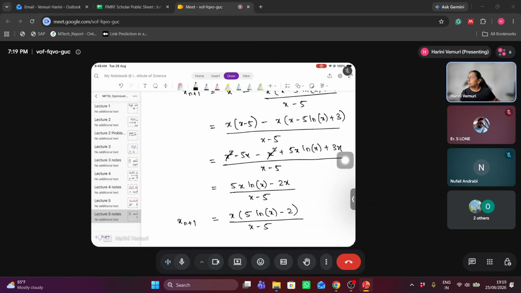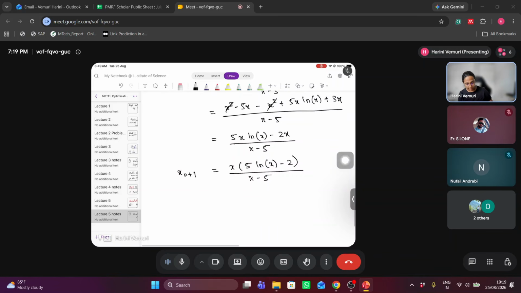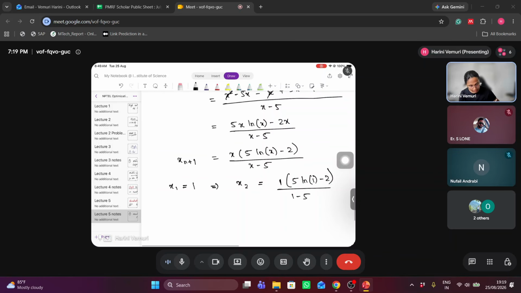So suppose we have initial assumption x1 equal to 1, then x2 will be 1 into (5 ln 1 minus 2) by (1 minus 5).